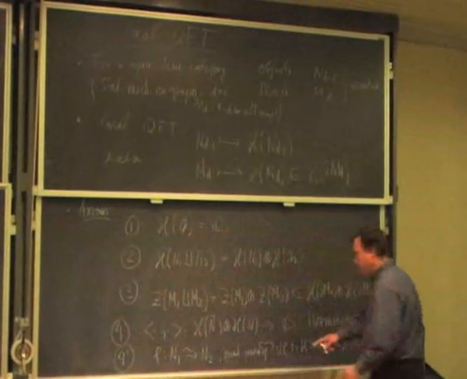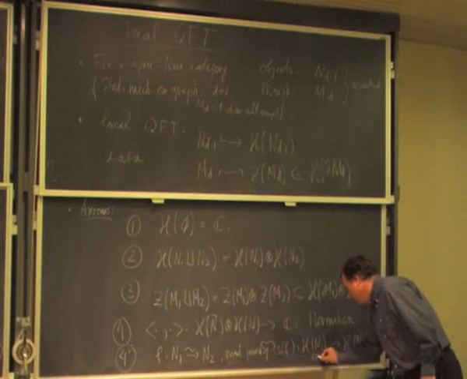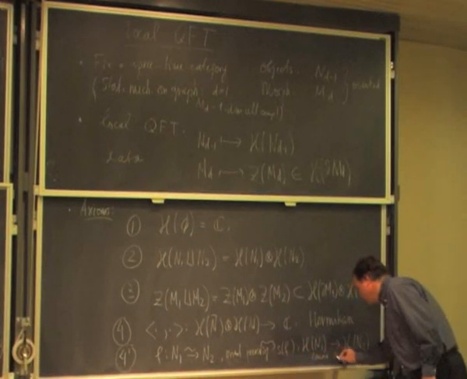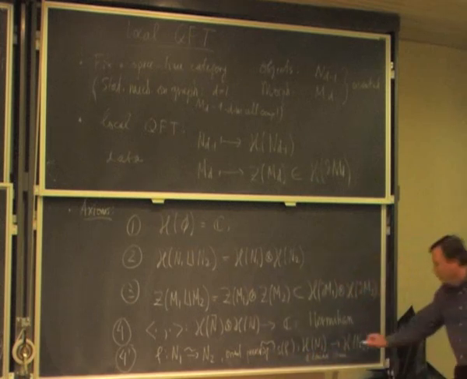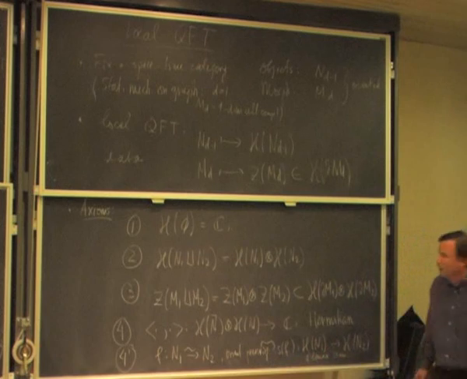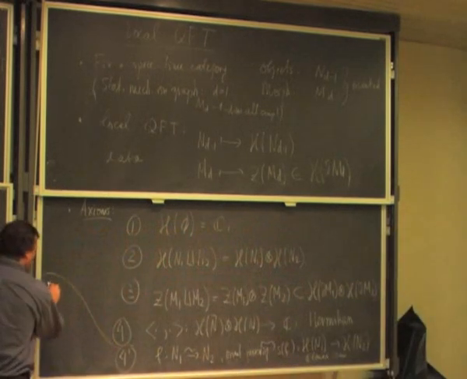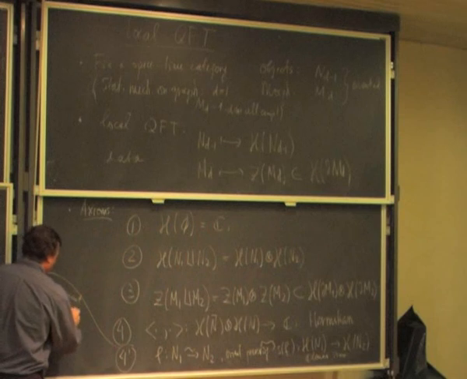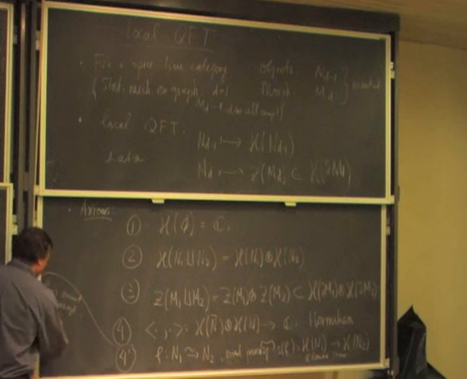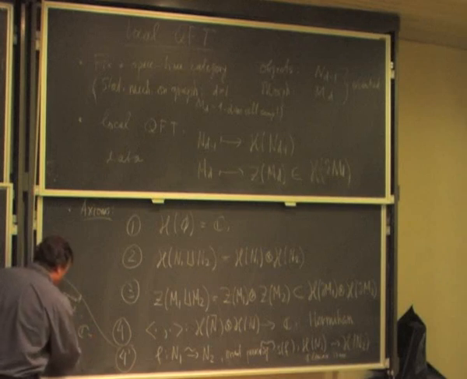So if it's orientation preserving, then it's a C-linear isomorphism. And if F is orientation reversing, then S of F is C antilinear.